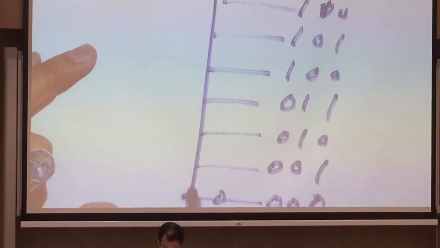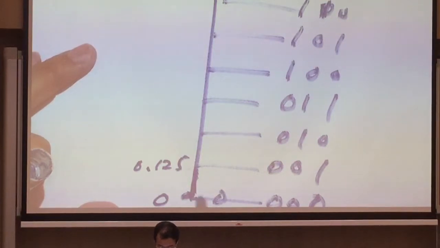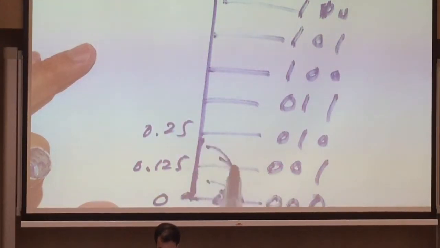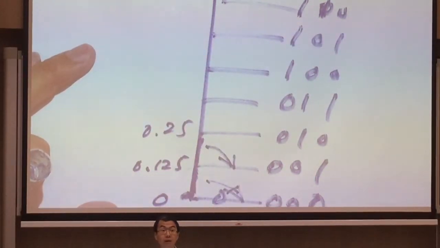What it means is any value from 0 to 0.125, let's say you want to assign to 000. Of course, here you have a choice. But let's say you assign any values from 0 to 0.125 to 000, and from 0.125 to 0.25, any value here you will assign to 001.